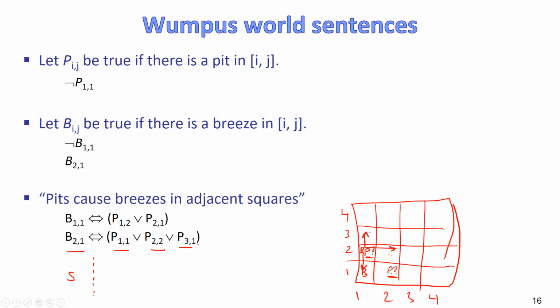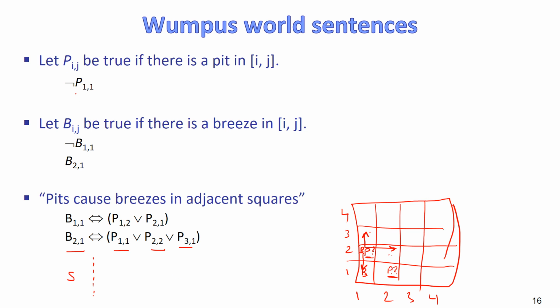So not only what we sense is added to the knowledge base, not only what we entail will be added, but also the rules of the game, or whatever we know is true that is related to the game, is also added to the knowledge base.